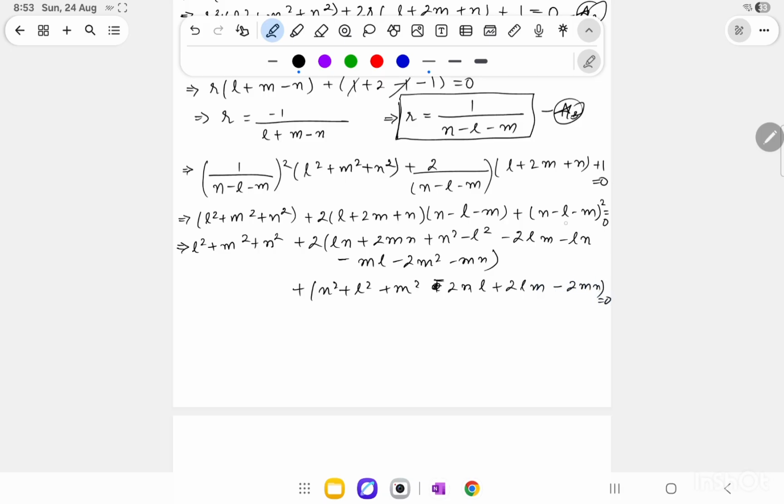I have just opened the whole square and just multiplied these two terms together. So let's see if we can balance out some terms.